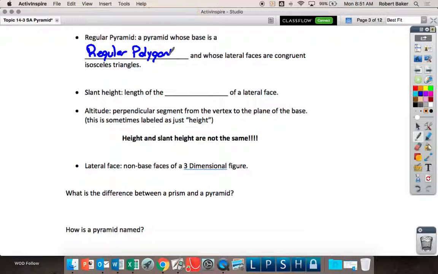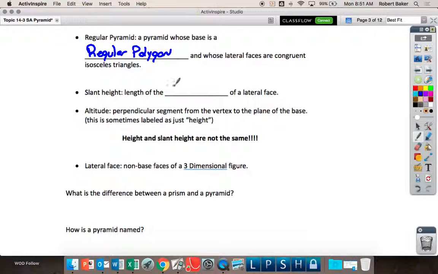If it's a regular pyramid, the slant height is the length of the blank of the lateral face.